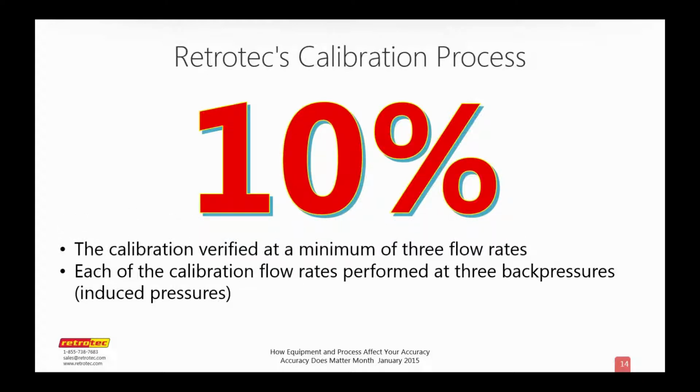These are induced pressures, where one calibration point is above or within 10% of the maximum back pressure measured, and one is below or within 10% of the minimum back pressure measured. So here 10% is the key number.